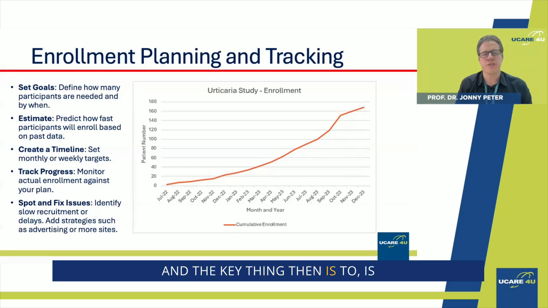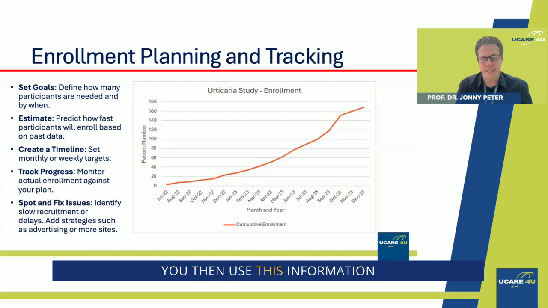And the key thing then is to start off by planning the study. So you set the goals for the study, how many participants will be needed to have an adequately powered study. One estimates, and each site does this, how many patients you see, how likely, based on the inclusion-exclusion criteria, you will be able to put a patient onto a particular study.